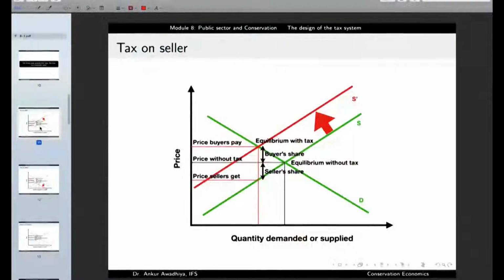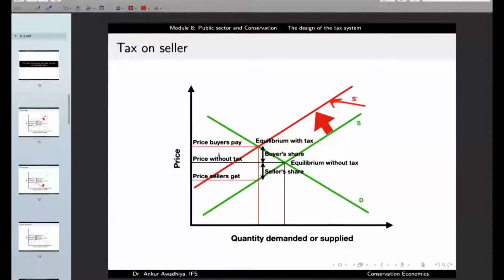Now, when that happens, the cost to the sellers to sell the good increases, which is shown by this left shift. So the supply curve is shifting to the left, and the amount of this shift is given by the amount of the tax. So more the tax, more is the shift.